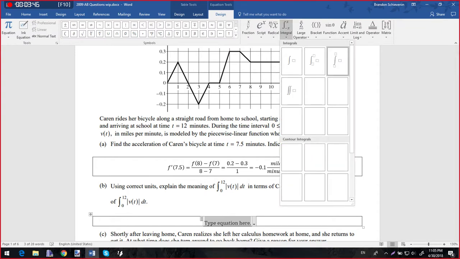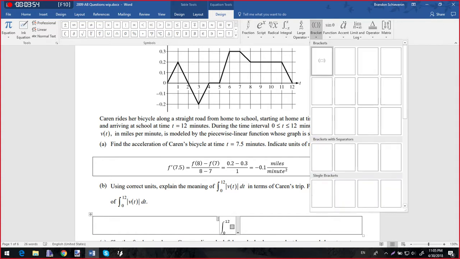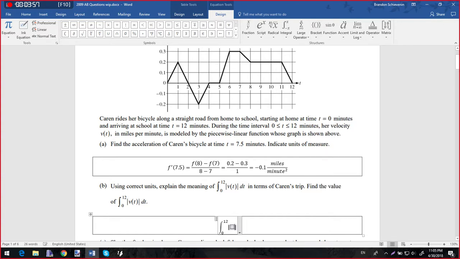the integral from 0 to 12 of the absolute value of v(t) dt represents the total distance Karen traveled from t equals 0 minutes to t equals 12 minutes.